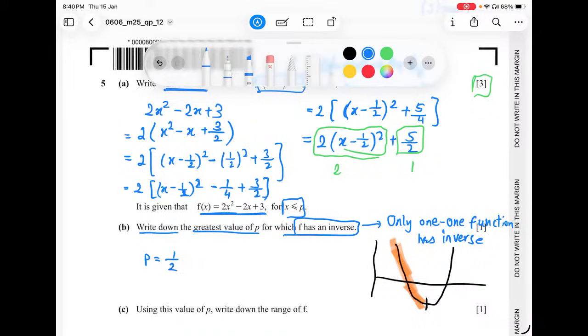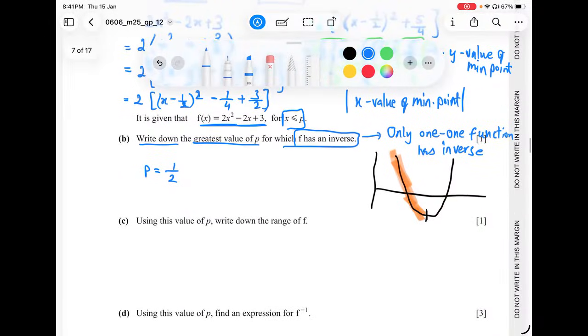So from this completing the square, this should be the x value of the minimum point, and this is the y value of the minimum point. This is a concept you need to know when you're solving this. Since it's only for 1 mark, we can directly take it from the completing the square form. And now let's move on to part C.